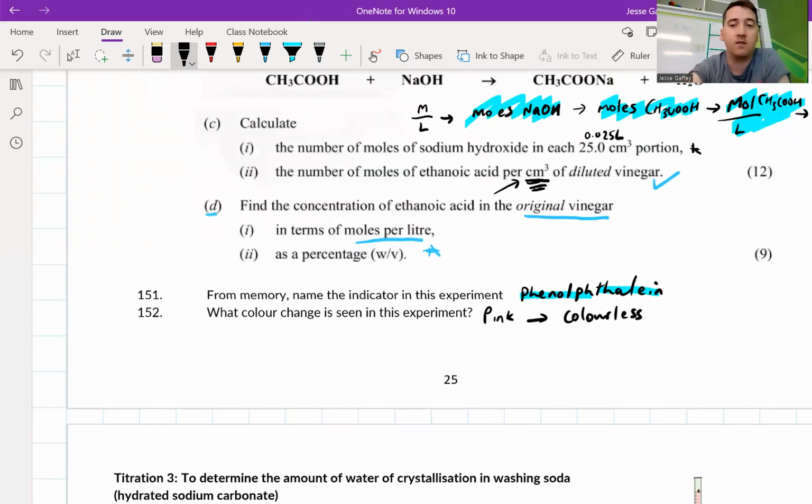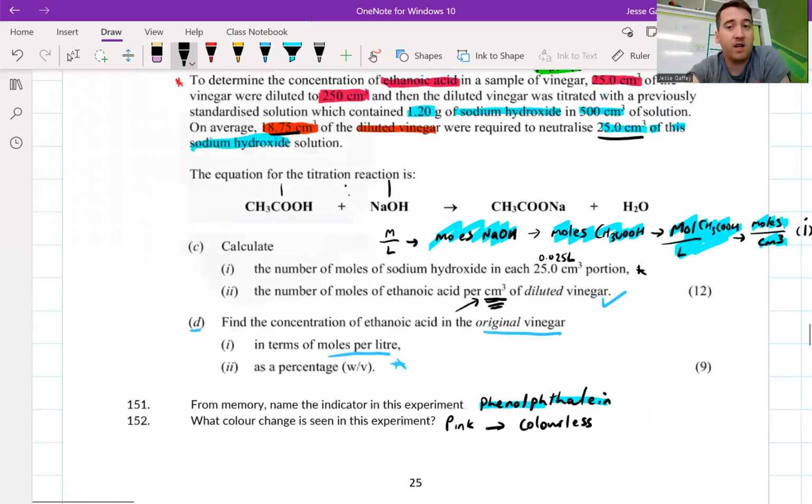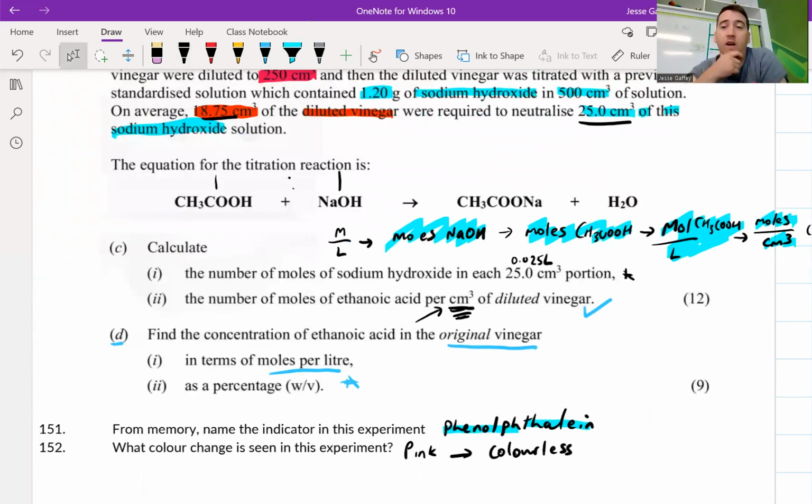Calculation is difficult, guys. They're not always that difficult, but I picked the toughest one for us to work through together. So again, I recommend that you find the other questions on the vinegar titration and practice them in your exam papers. That's the best way of getting good at these, and it has to become automatic, the way you think your way through these problems.